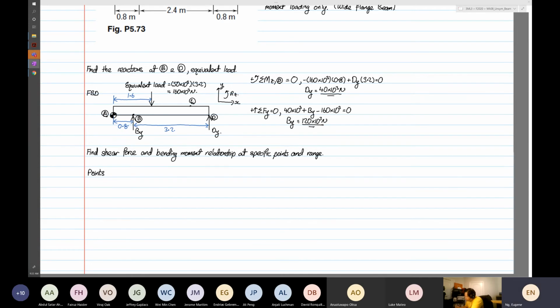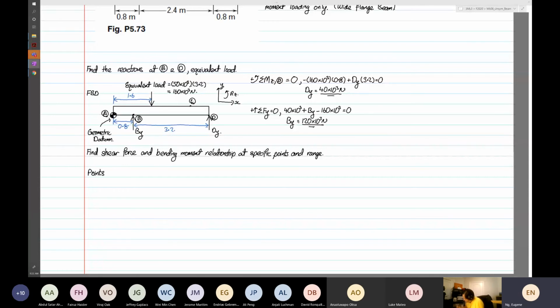The geometric datum is always on the left-hand side of the structure. So this is our geometric datum.